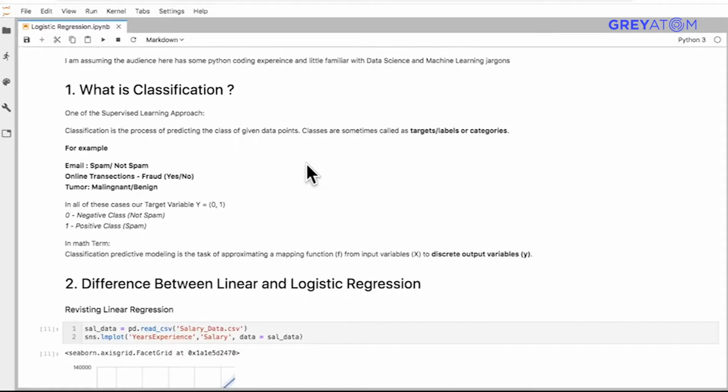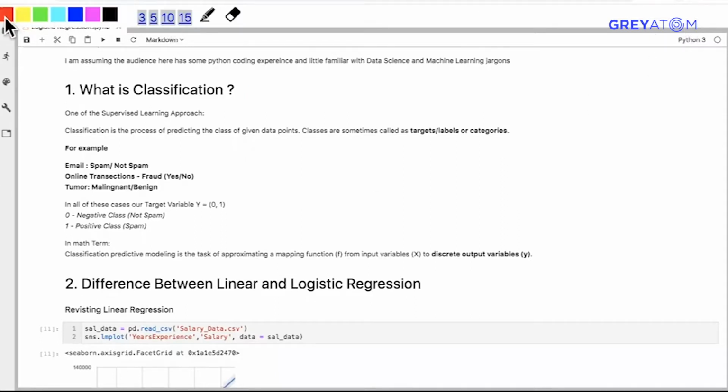Suppose we want to identify which of a lot of emails are spam and which are not spam. Or suppose you have an e-commerce business with many transactions and you want to identify which are fraud and which are not. Or a typical healthcare example is identifying from data whether a person is going to develop a tumor in the next few years or not.